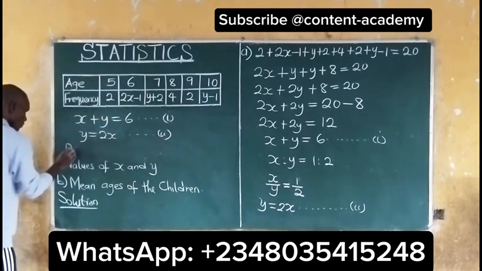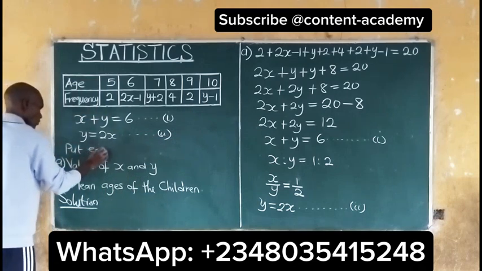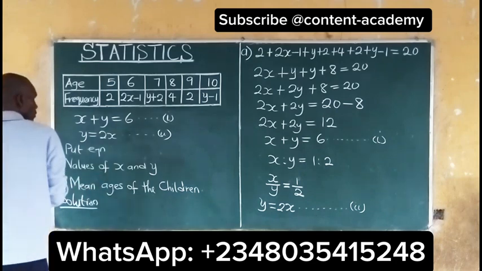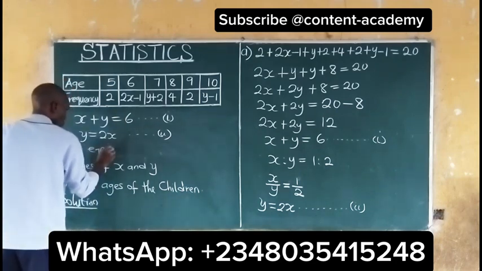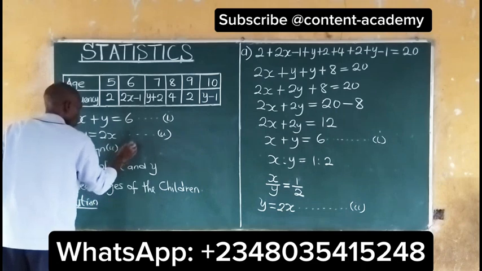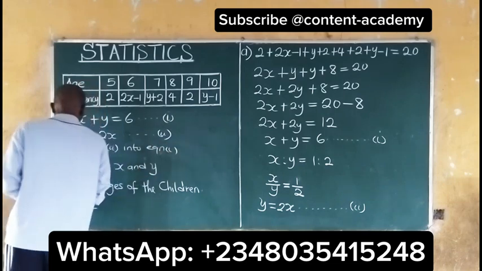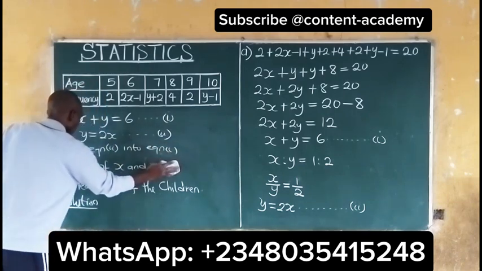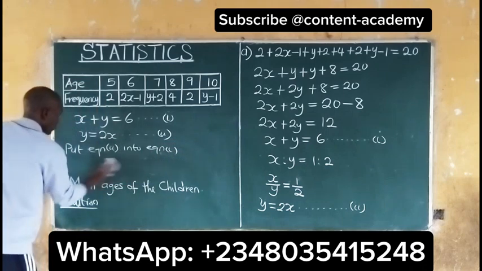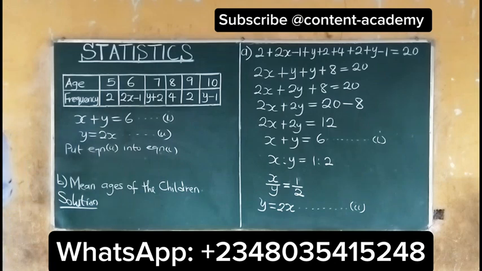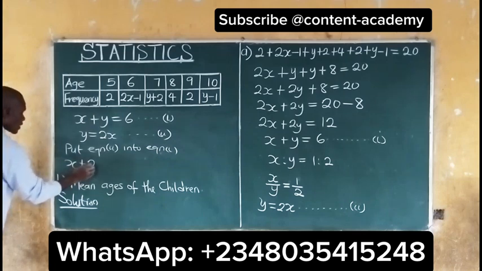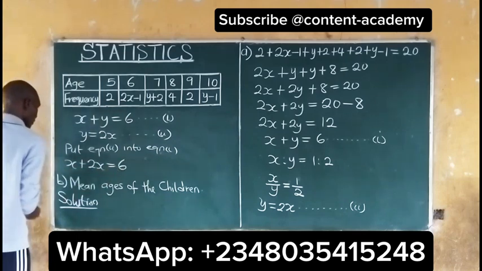Now we put equation 2 into equation 1. We are asked to find the values of x and y. That is what we are doing. Anywhere we see y, we put 2x. So we have x plus 2x is equal to 6.